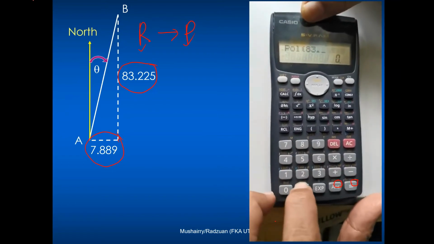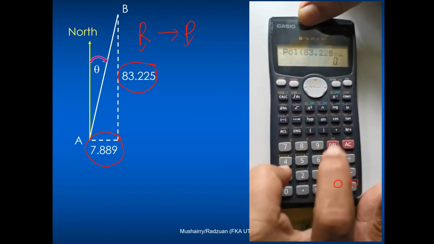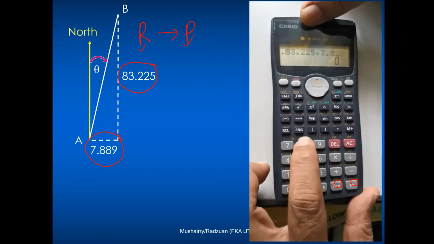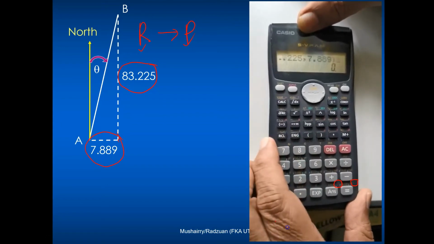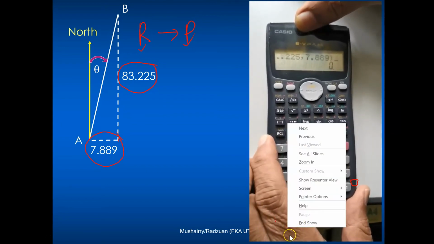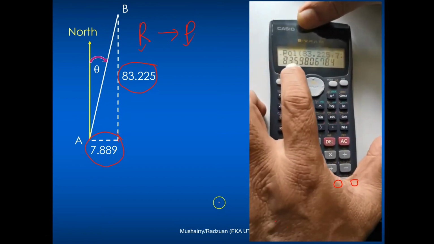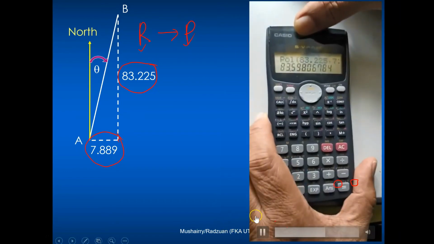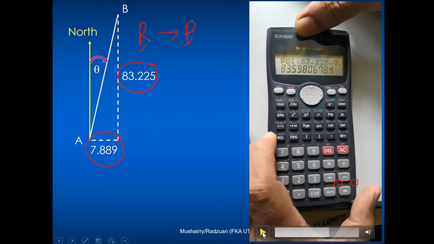Key in the difference in northing, then key in the difference in easting, close that. Then the first value that you obtain will be your distance.